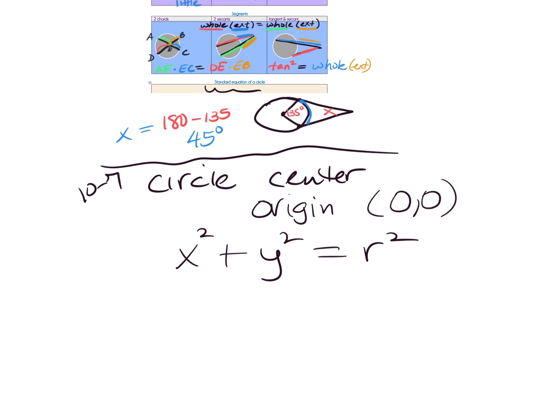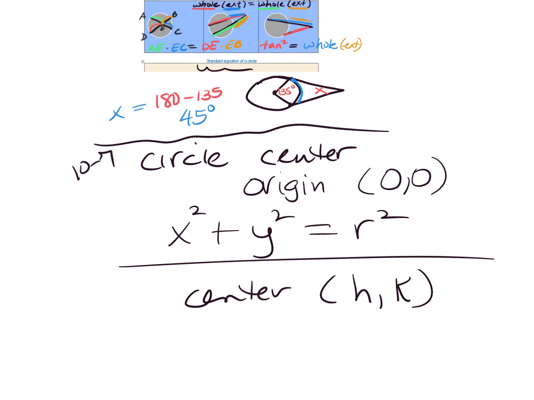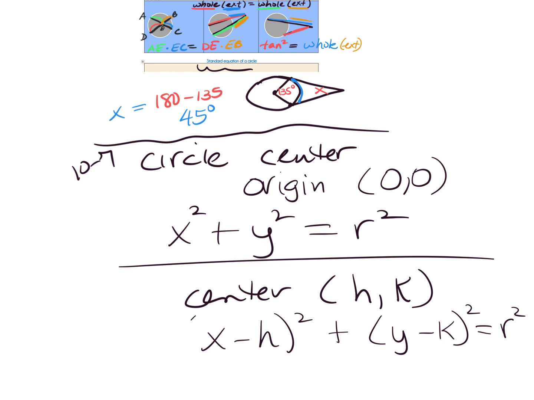When the center is not at the origin, it's at the ordered pair (h, k), then we have the longer formula: x minus h squared plus y minus k squared equals the radius squared. So what you would be filling in is your h value, your k value, and then you'd also fill in the radius and square it.